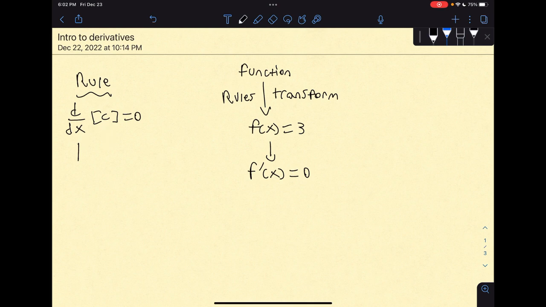So it's saying that the derivative of a constant is equal to 0. So when we take the derivative of f of x equals 3, we denote the derivative with this little prime symbol here. It shows that we've taken the derivative, and we know that the derivative of a constant is equal to 0. So that's all we've done. We've transformed a function into its derivative using a set of rules, and we're doing this to get information.